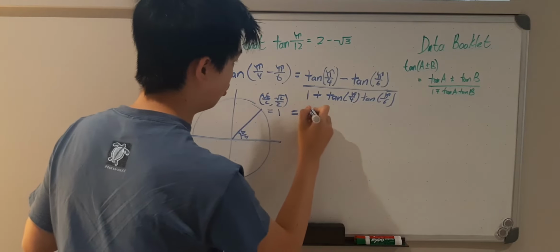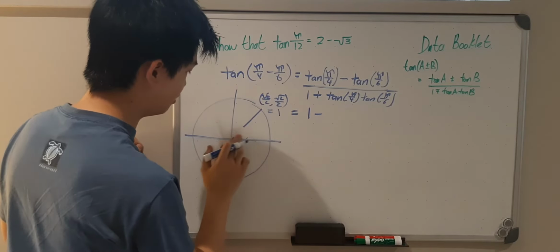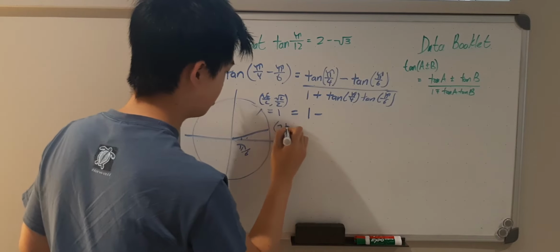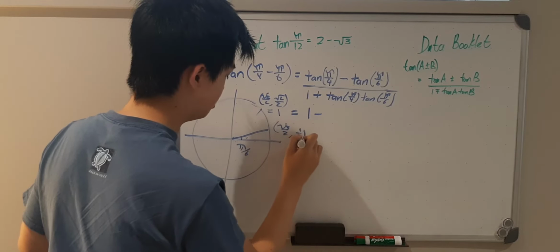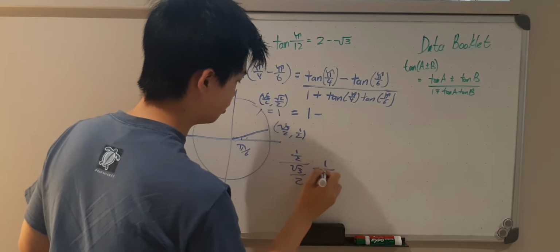So that would be 1 minus tan pi over 6. We know that tan pi over 6 is here. That's pi over 6. Okay, and we know that's root 3 over 2, 1 over 2. So 1 over 2 over root 3 over 2. That's equal to 1 over root 3.